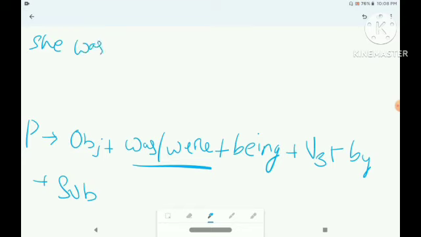She was baking cake. Tasty, tasty cake. So this sentence is in active voice. Now when we convert it into passive voice, what will the sentence become? First object, cake.